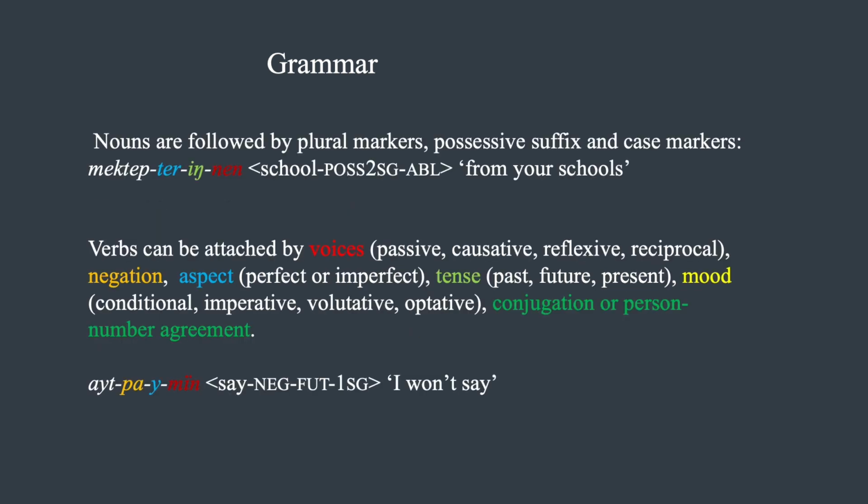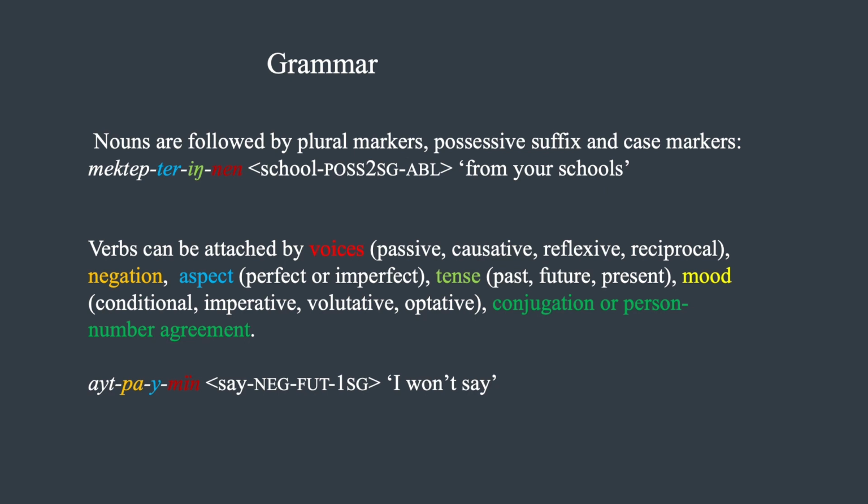In Kazakh, nouns can be followed by plural markers, possessive suffixes, and case markers. Kazakh has 6 case markers, by the way. For instance, the noun mekteplerinin, from your schools, is attached by a plural suffix, a second person possessive suffix, and the ablative case.